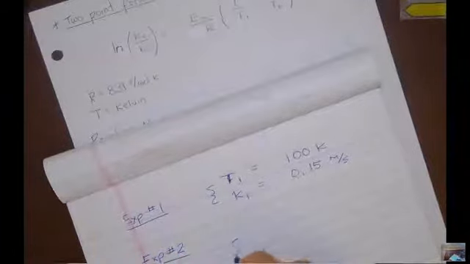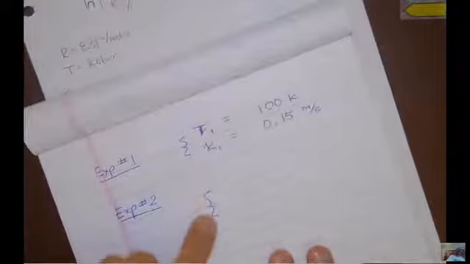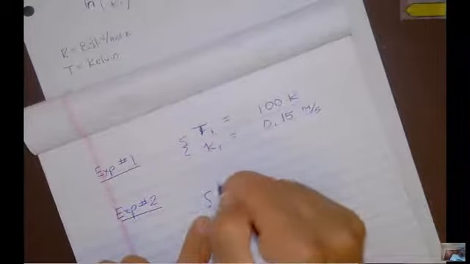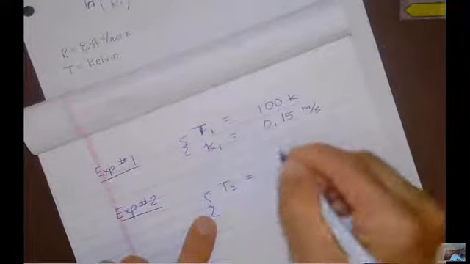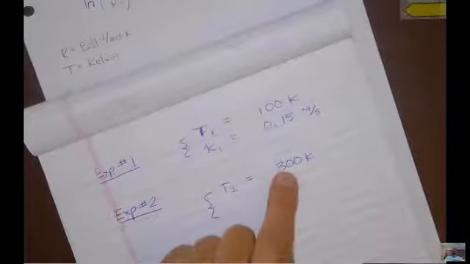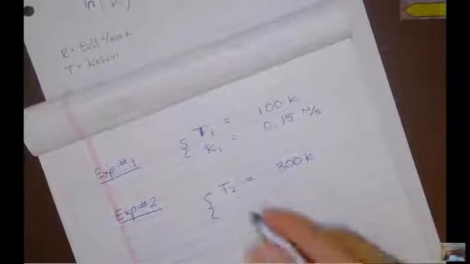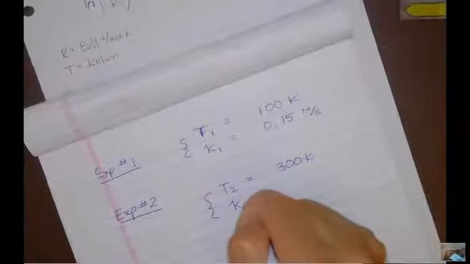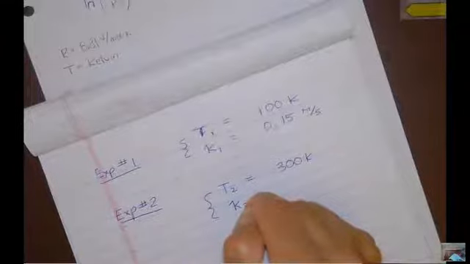And I measure the rate, and if I know the rate, I can calculate the rate constant because I know the rate law. At this higher temperature, let's make it 300 Kelvin, which is just a little bit warmer than room temperature, it's going to go much faster. So I raise the temperature.